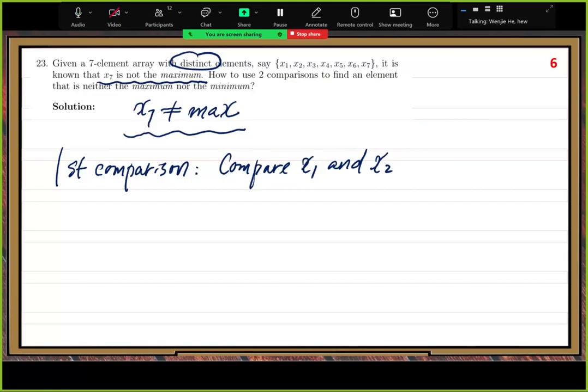But here we want to simplify these two cases because they are symmetric, right? Symmetric means if you swap x1 and x2, you get the same situation. There is no change for the situation. So for the symmetric case, you can assume one is greater than the other.